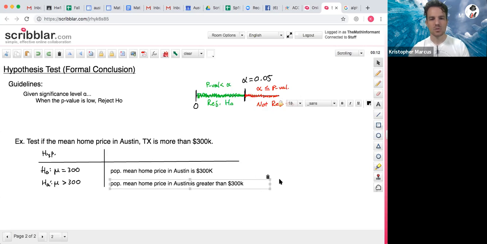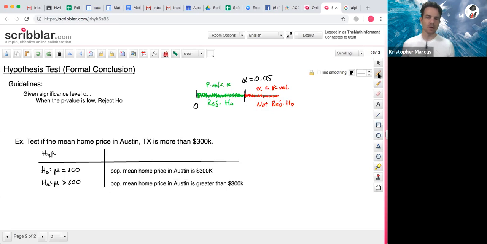Now, how does this work? In practice, what happens is we end up getting a sample, and the sample leads us to a p-value. So let's just suppose that all of this ends up happening. We get a small sample of homes, and suppose our sample leads us to a p-value that is equal to 0.02.